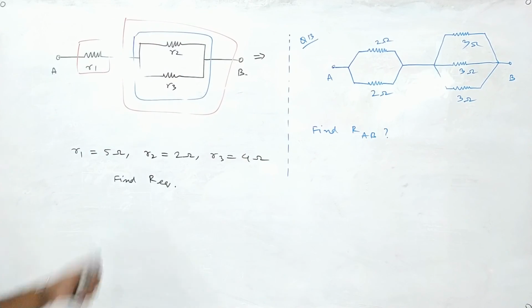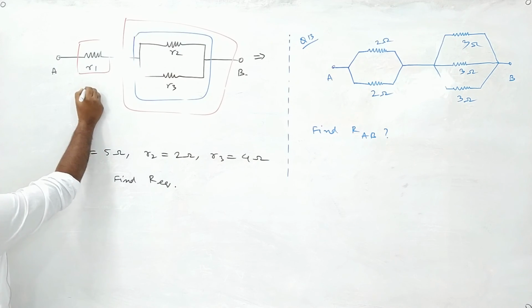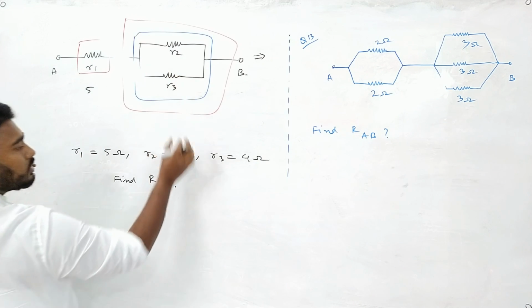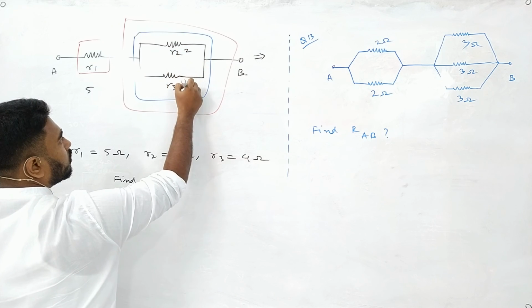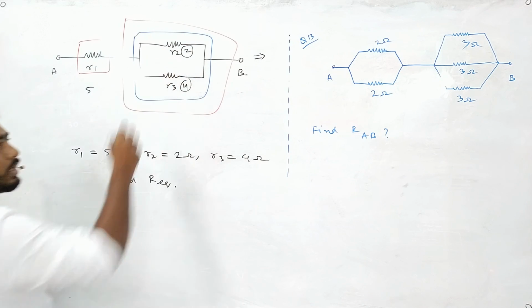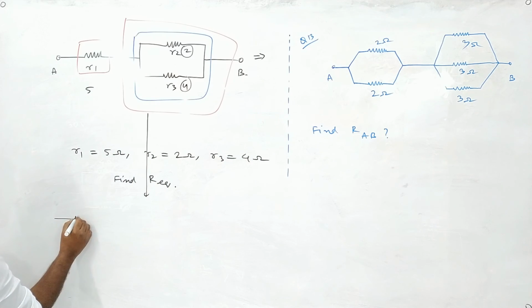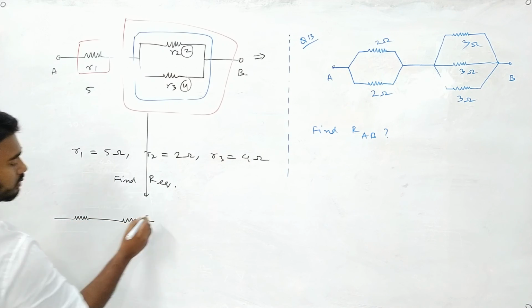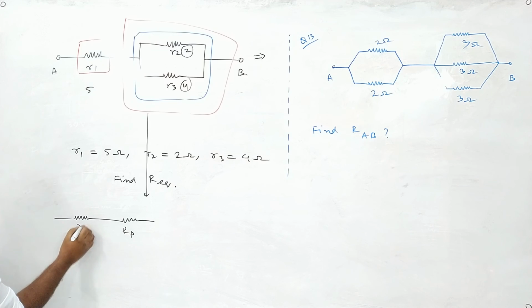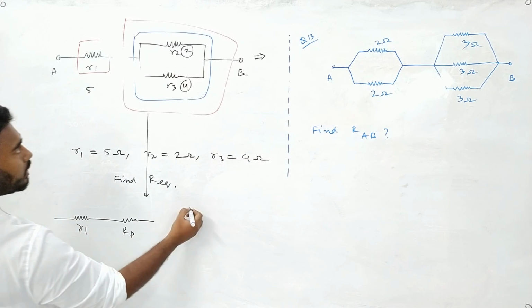Okay, so in this question R1 is 5, right? R2 and R3 are 2 and 4. Okay, tell me, these are in parallel. So can I write this one as this and this, right? This will be R parallel, this will be R1. Okay, what is R parallel?